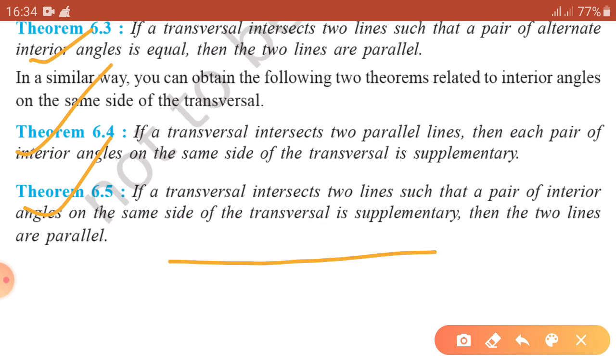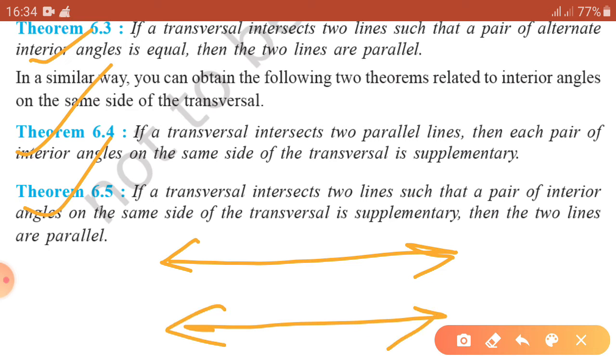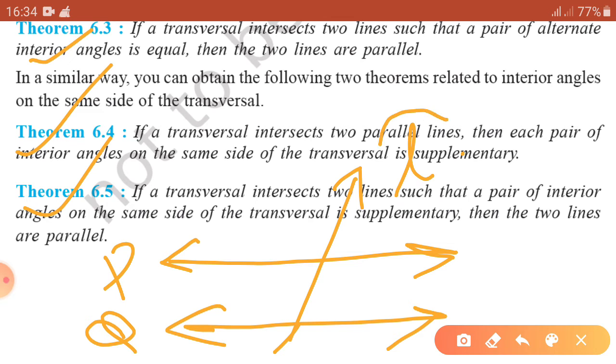So that means, suppose these are the two lines, and this is the transversal L. If this transversal L intersects these two lines, we know what interior angles are, on the same side of the transversal.